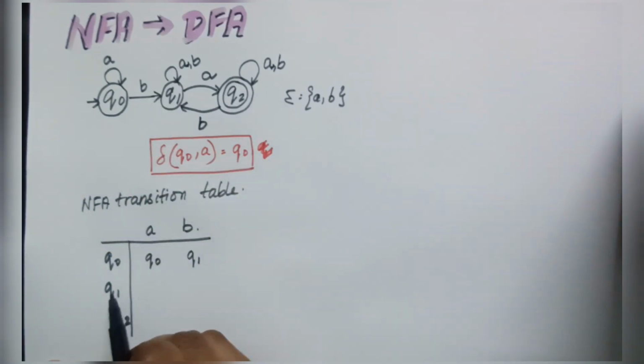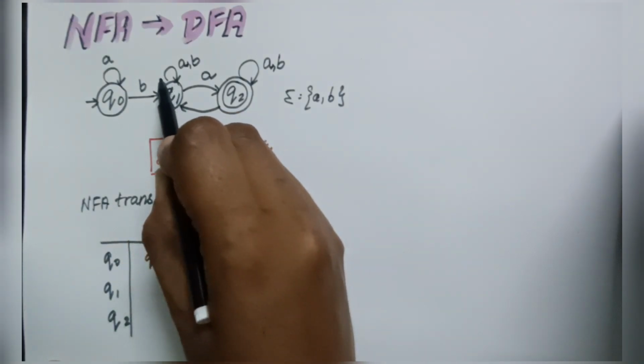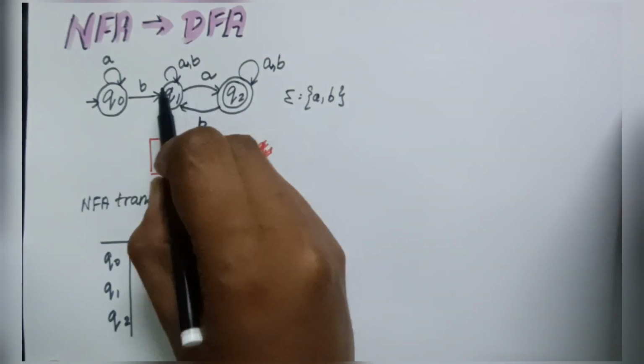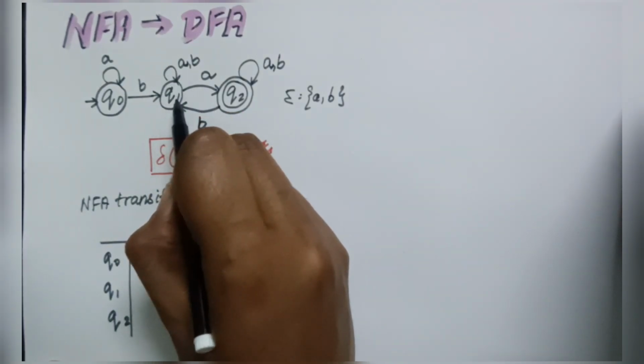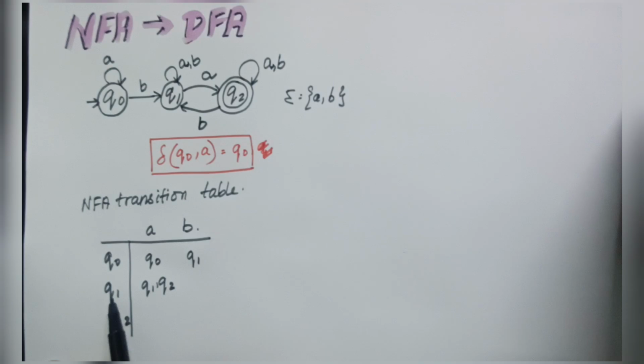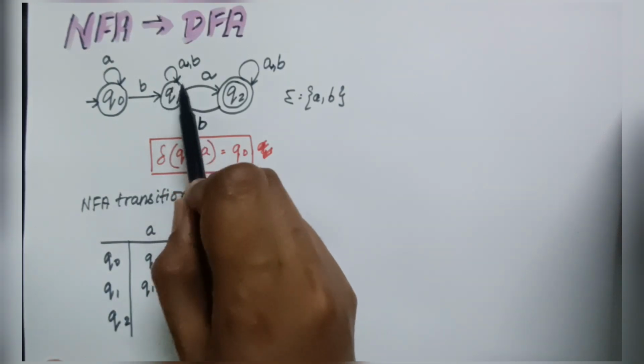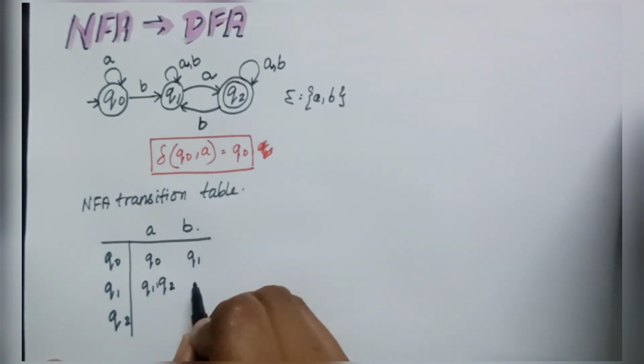So Q1. Q1 with A transition, I have two outgoing A transitions. So one leading to Q1 itself and one leading to Q2. So I will have Q1 comma Q2. And then Q2 with B transition, I have one transition leading to Q1 itself.